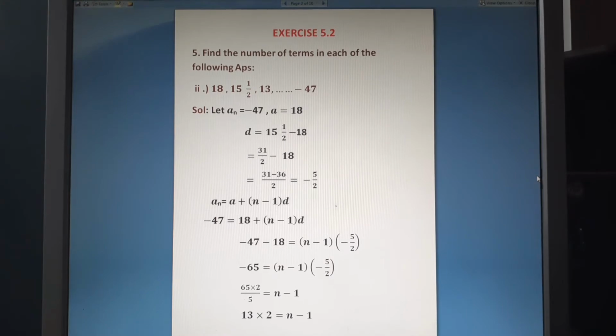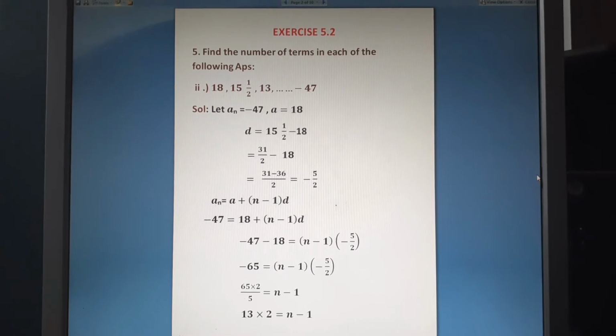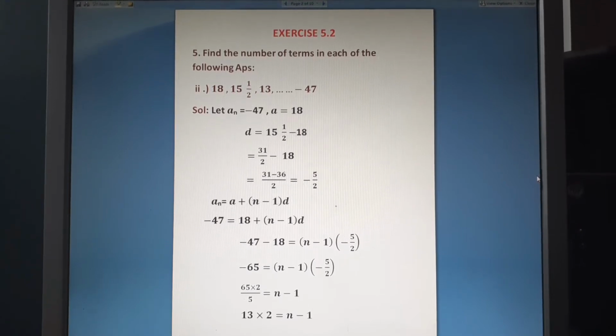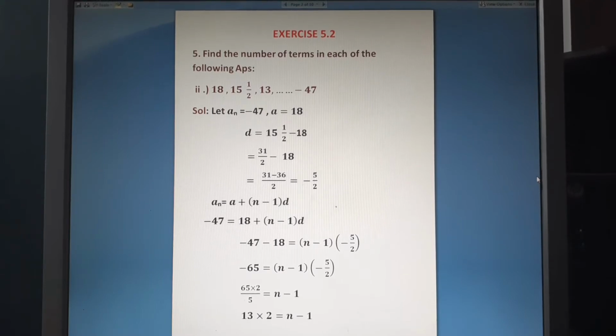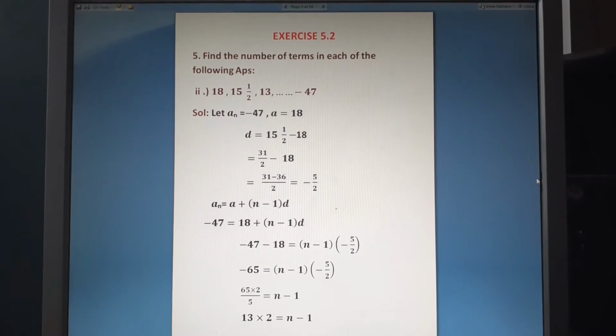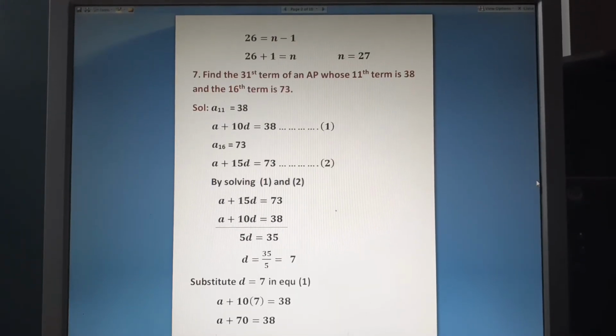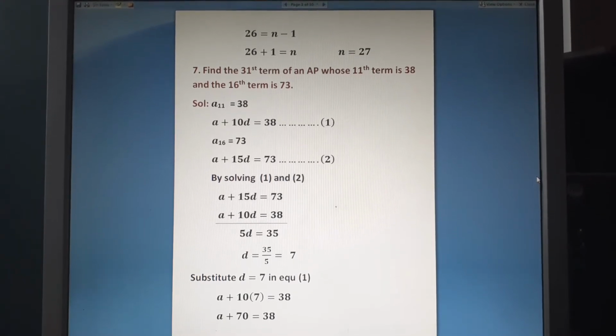Here, the negative symbol on both the left hand side and right hand side cancels. Now n minus 1 is equal to 65 into 2 divided by 5. 5 and 65 both are cancelled by 5. Now we get 13 into 2 is equal to n minus 1. 13 2s are 26, so 26 is equal to n minus 1.